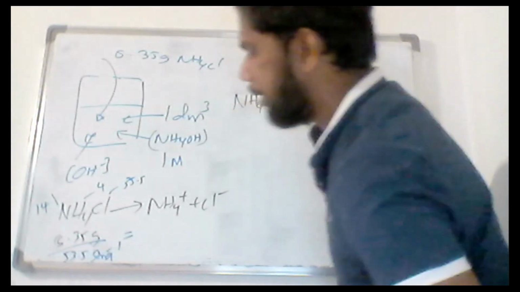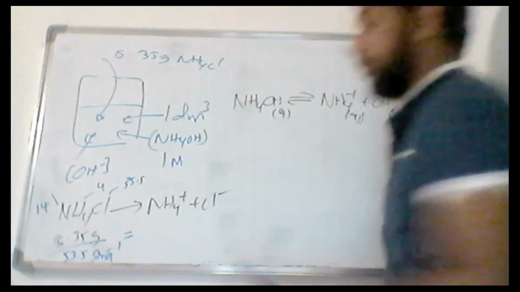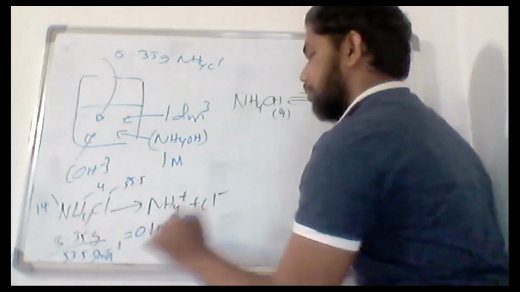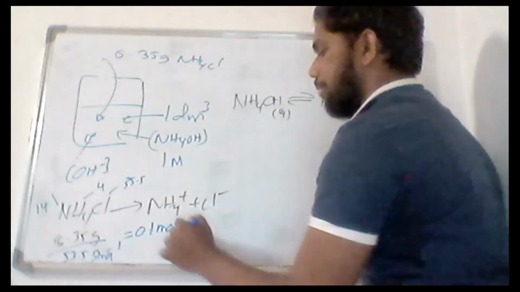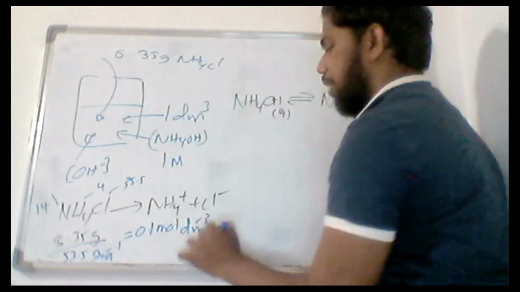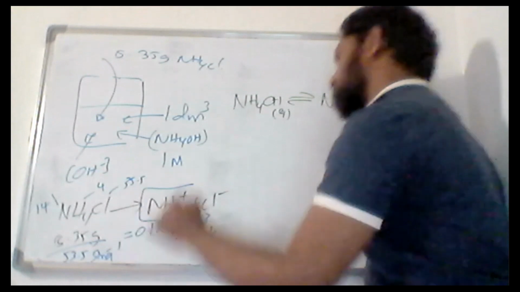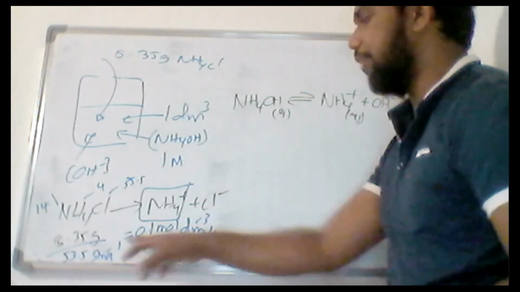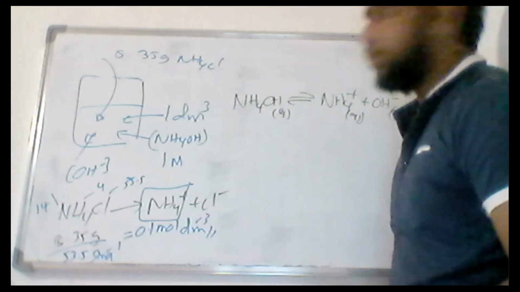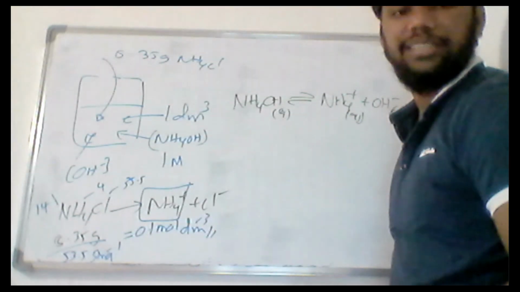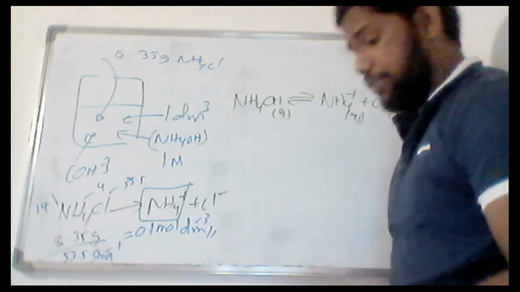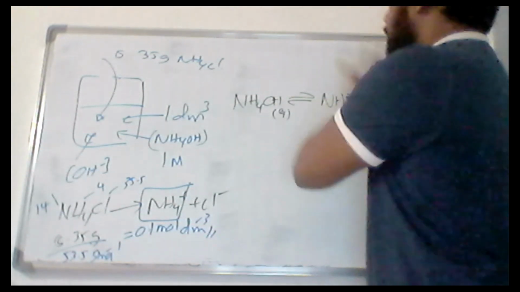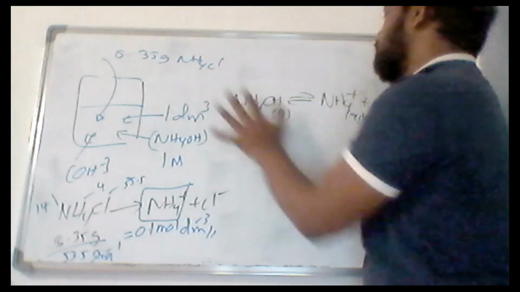So it is like 0.1 mole, right? So 0.1 mole in 1 decimeter means 0.1 mol dm minus 3 is the concentration of NH4 plus. Okay, because 0.1 mole divided by 1 decimeter. So this is the concentration of NH4 plus in the medium.